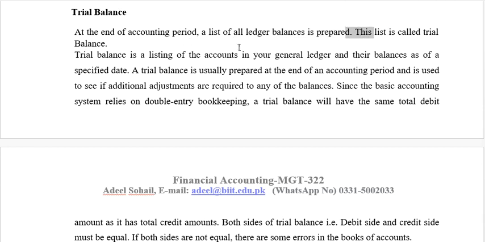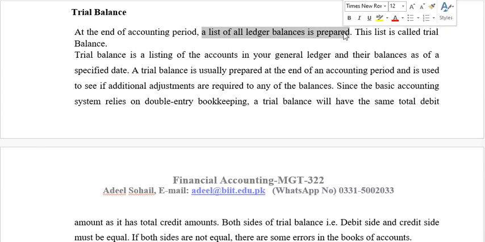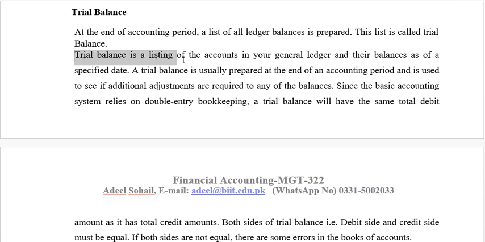At the end of the accounting period, a list of all ledger balances, which may be debit balances or credit balances, is called the trial balance. A trial balance is a listing of the accounts in your general ledger and their balances as of a specified date.